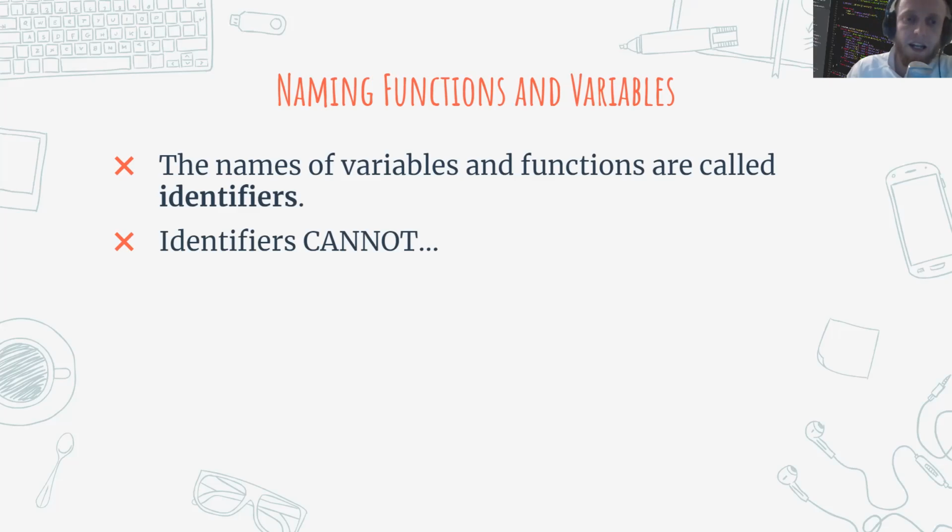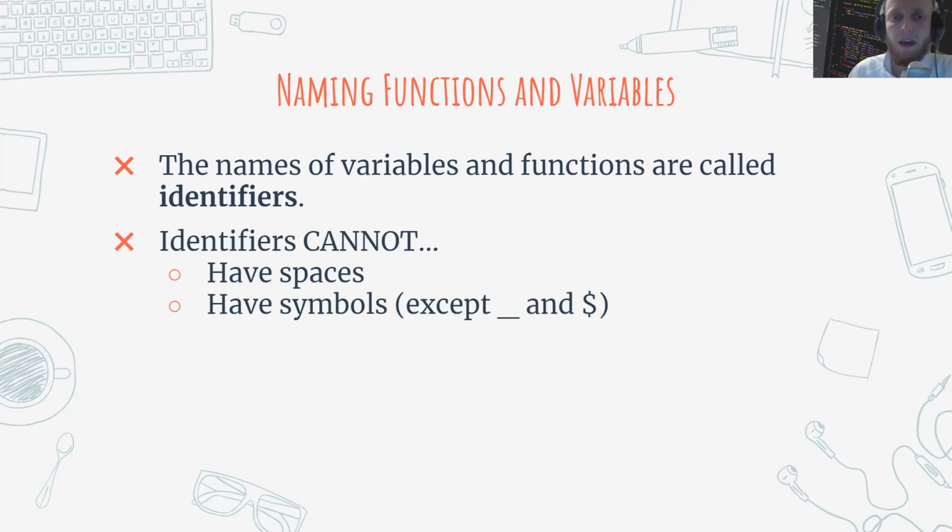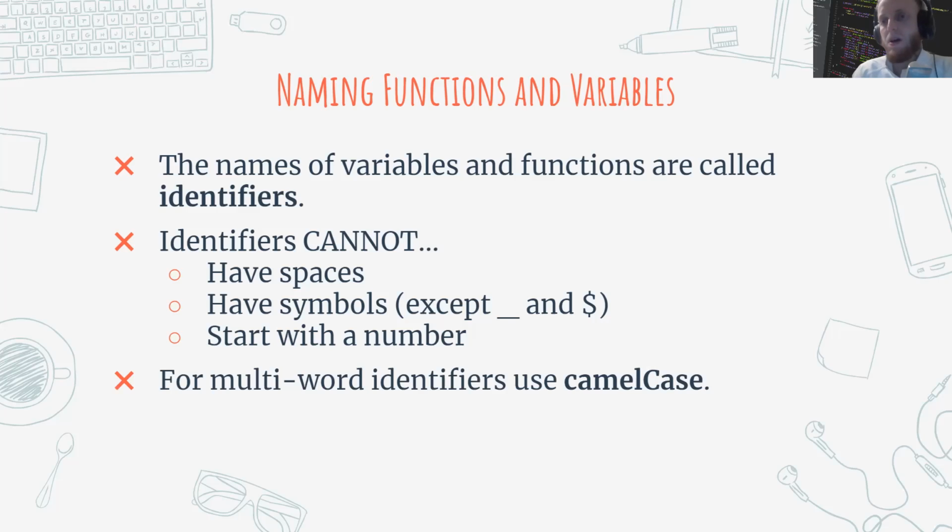Also, identifiers cannot have spaces, have symbols except for underscore and $, or start with a number. So you can have numbers in your identifiers just as long as it's not at the beginning. So if you have variable names that have multiple words, we use camel case.